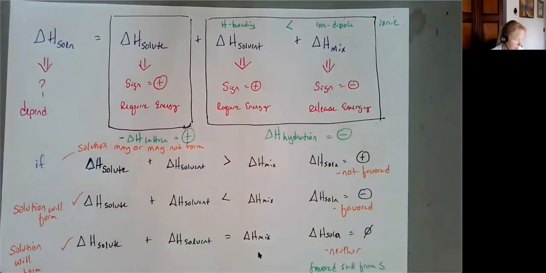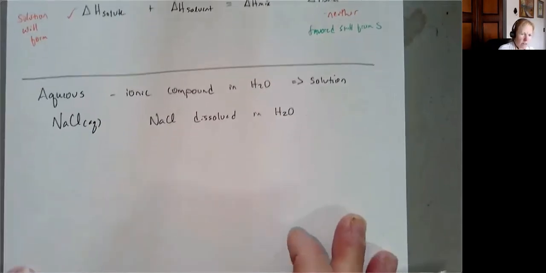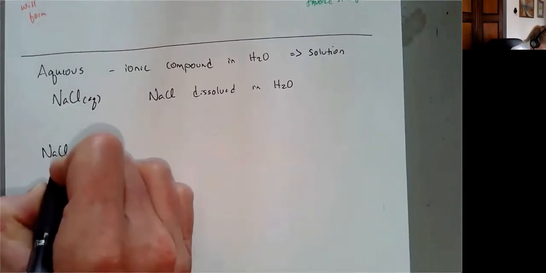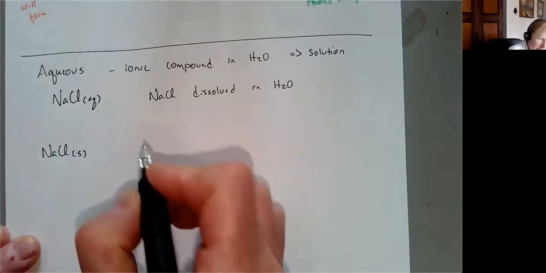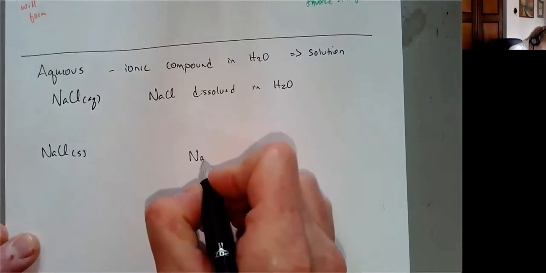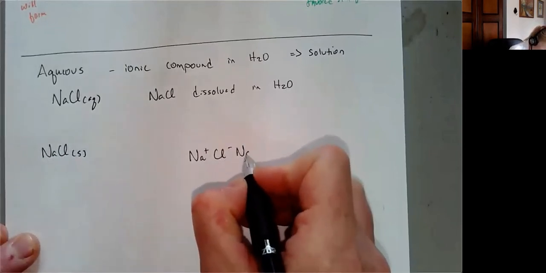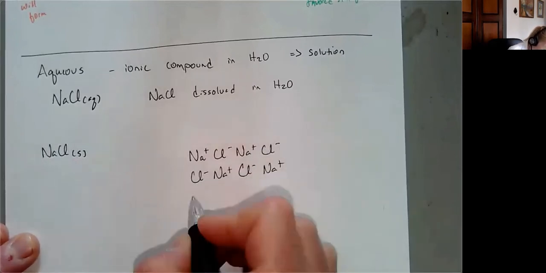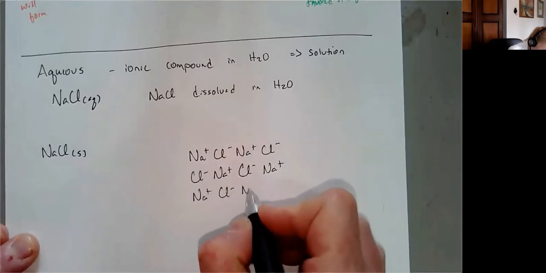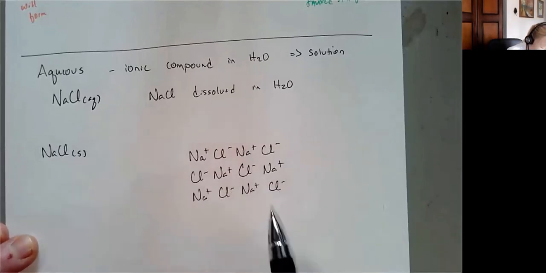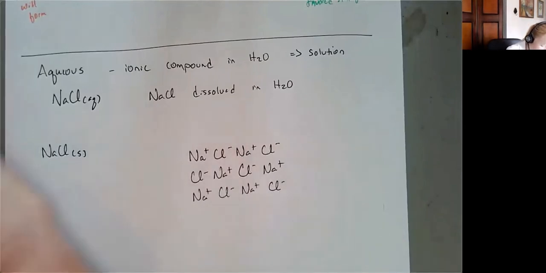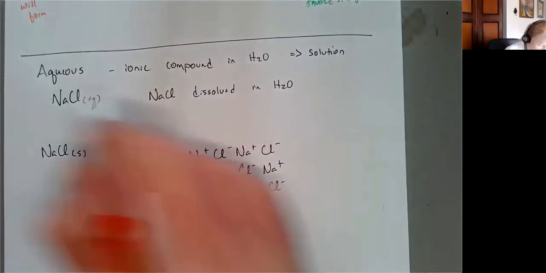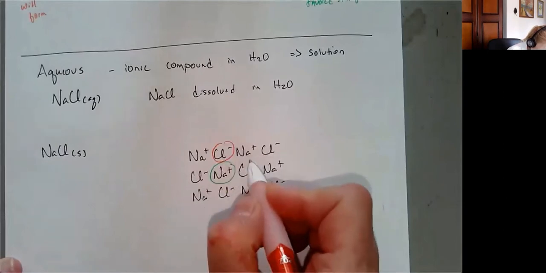So remember lattice structures. When I form a lattice, so if I have sodium chloride solid, this is an ionic structure where I have sodium ions and chloride ions that are packed together in this alternating crystal structure here. And these are very stable because each of these ions, if I look at a sodium ion here, is surrounded by the negative chloride ions.